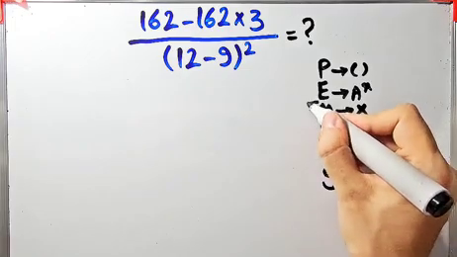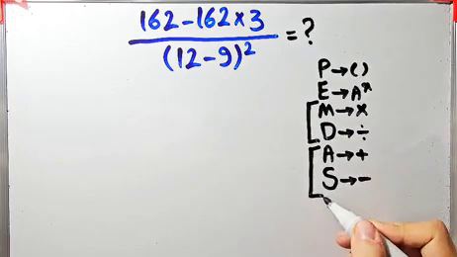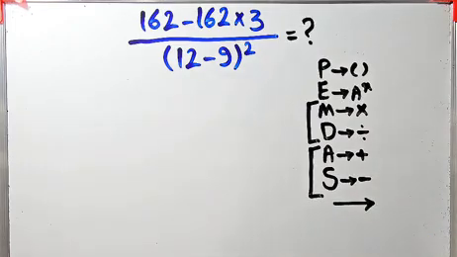Multiplication and division have the same level of priority. Also, addition and subtraction have the same level of priority, and when we have both in an expression, we start from the left and simplify the question. Let's simplify and solve this question step by step together.